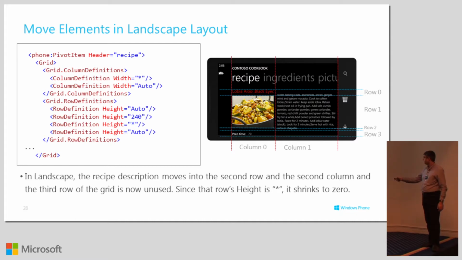The content is in the 4th row. So if we set the 3rd row to auto instead of star, we get the same result. Auto means arrange yourself to the width or height of the content. So it's collapsing, right? But if I put star, star would mean use the remainder of the space. It will not collapse.